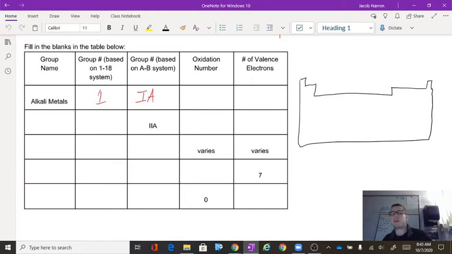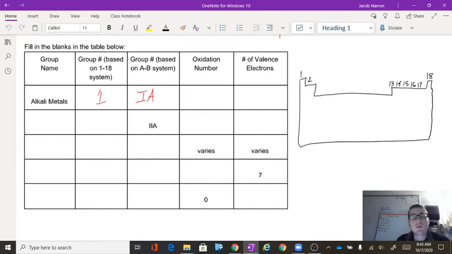On the periodic table, we have 18 different columns, and I've actually mentioned that before. So we have group 1, 2, skip a few, 3, 4, 5, 6, 7, and 8. But these over here are 13, 14, 15, 16, 17, and 18. Your valence electrons you actually get from these group numbers.